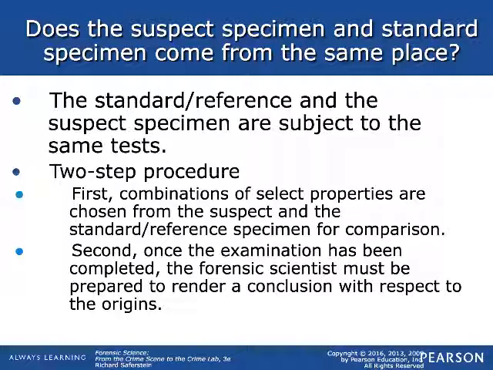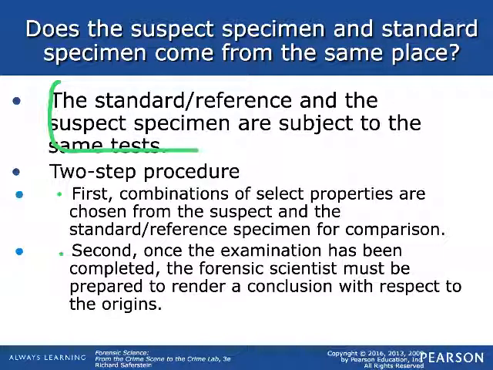Now, how do you know whether the suspect specimen and the standard specimen come from the same place? What you're going to do is take the standard and the suspect, and do the same tests on them. It's a two-step procedure. First, combinations of select properties are chosen from the suspect and the standard to compare them, so you do the same tests on both.